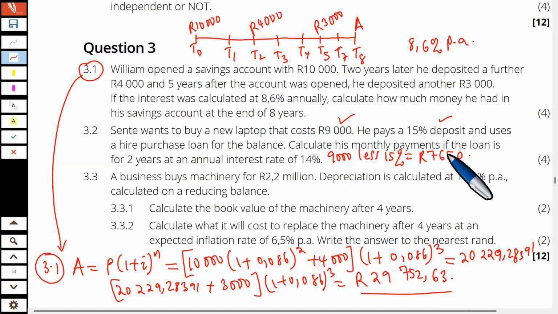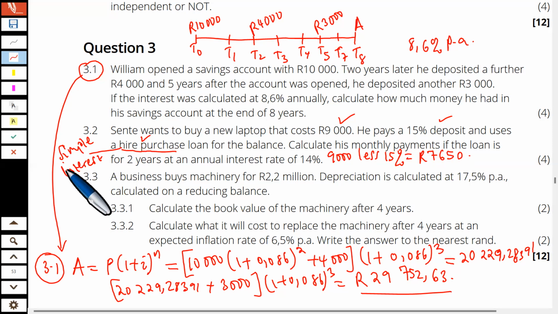Calculate his monthly payments if the loan is for 2 years at an annual interest rate of 14%. Right, obviously, because we're dealing with hire purchase, it's simple interest. Those are the things you're going to see, the simple interest.